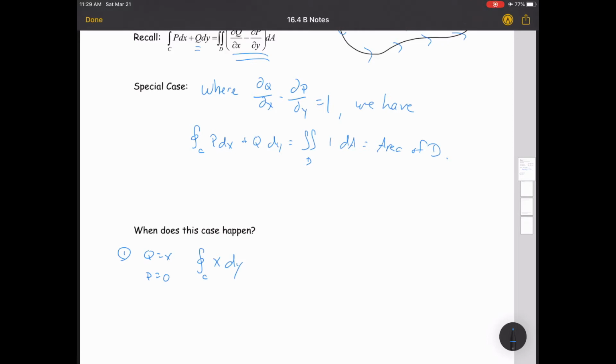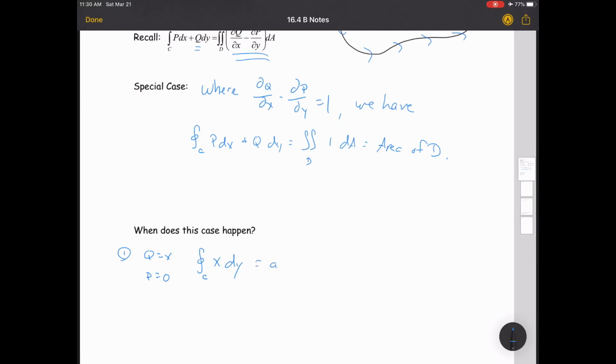So if we were to take the derivative here, dQ/dx, remembering that what we have right here is the Q part with respect to x, you would just get 1. So that does work. dQ/dx is 1, dP/dy would be 0. So you would get 1 minus 0, that's 1.